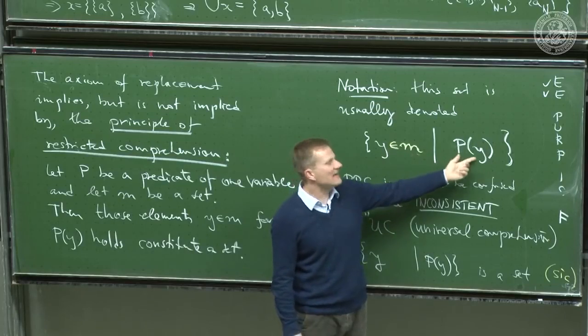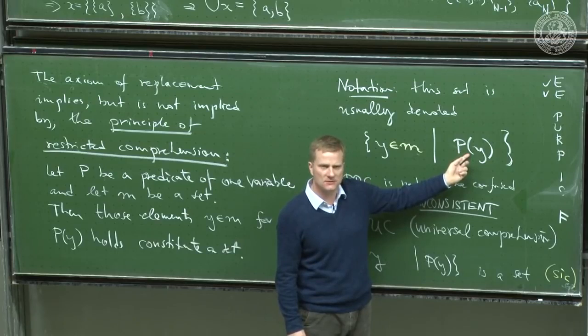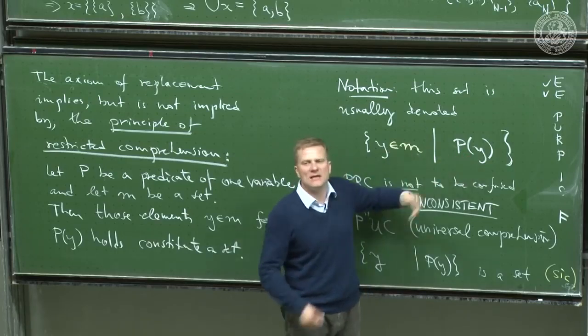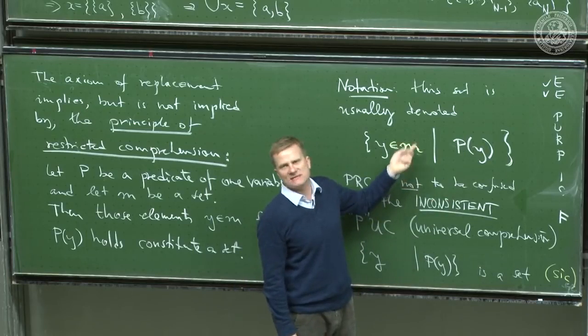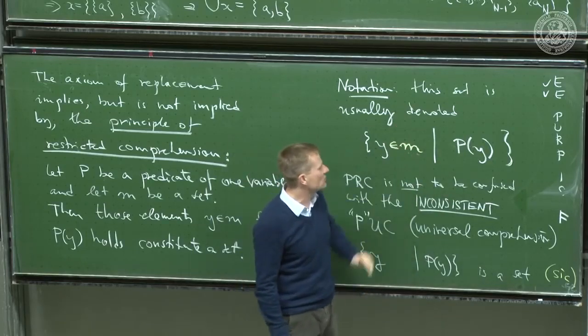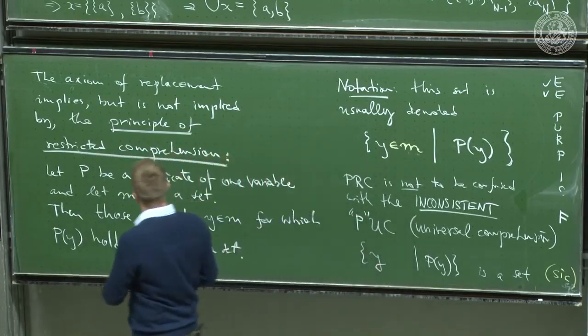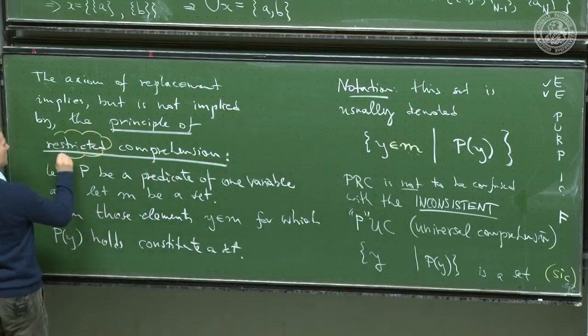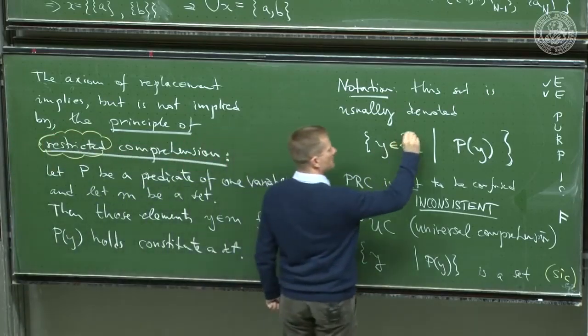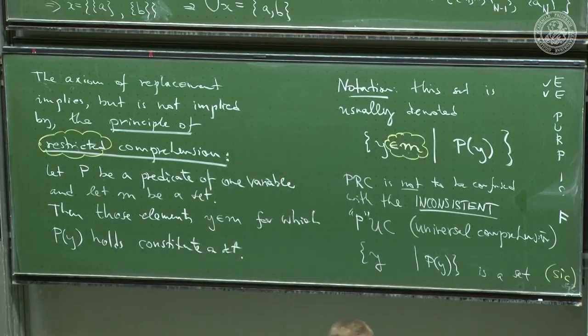You at most kick out some of the y's that don't meet the condition, but the whole thing cannot become bigger and bigger than M. Because M is already a set, this is not unbounded, not unrestricted, it's restricted comprehension. So the restricted in restricted comprehension is this bit: the elements are restricted to come from an object that previously has been known to be a set.